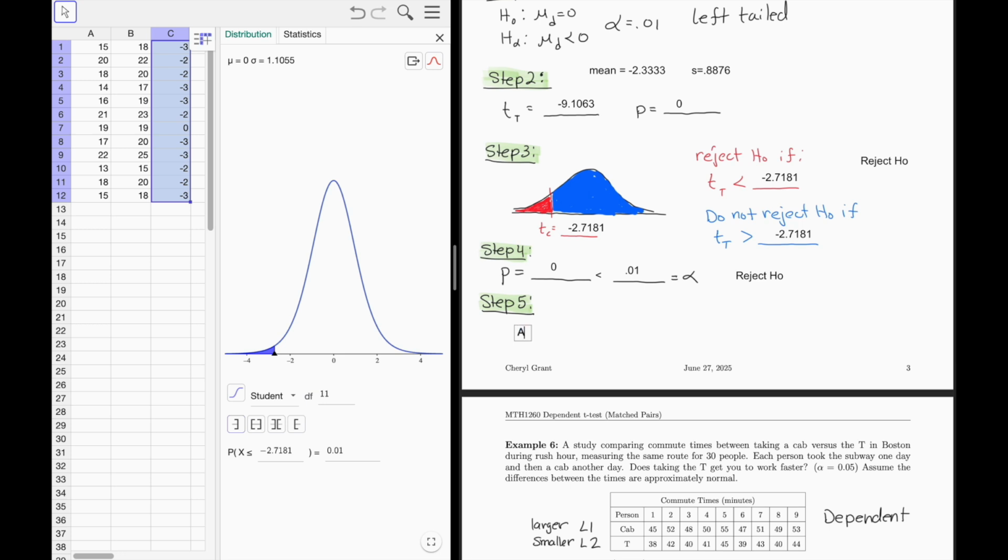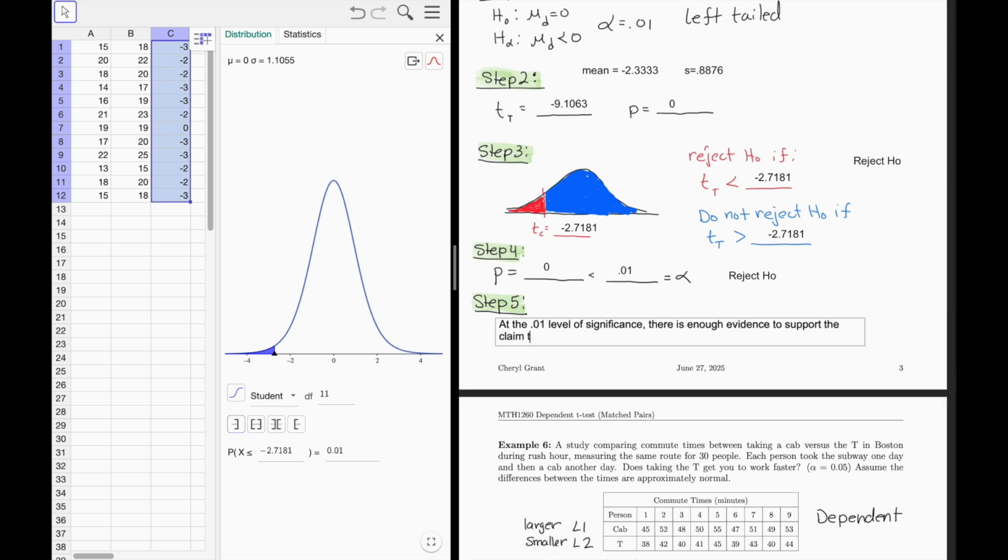So I'm going to say at the 0.01 level of significance, there is enough evidence to support the claim that plants increase work productivity. So there's our conclusion.